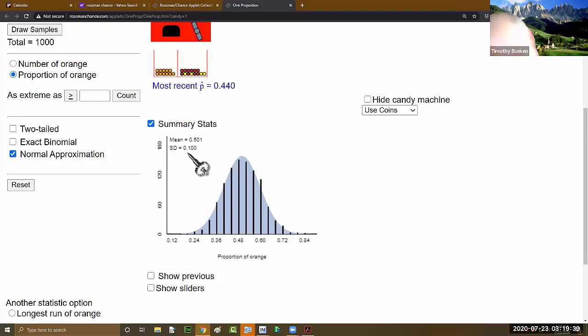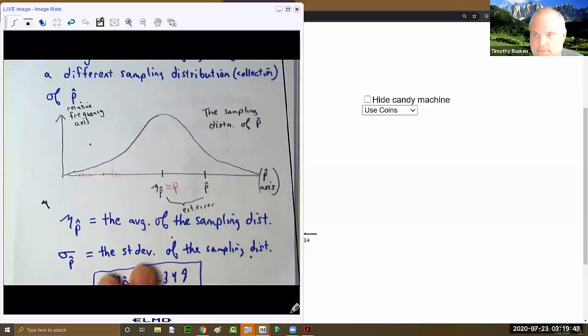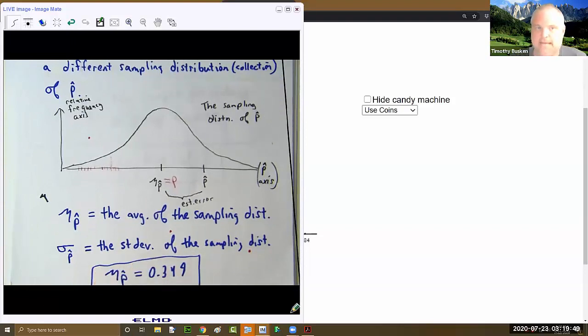And that reminds me that unfortunately we're going to introduce 2 new symbols associated with the sampling distribution of p hat, and here they are.